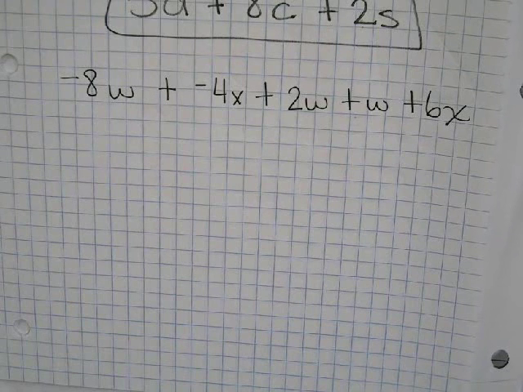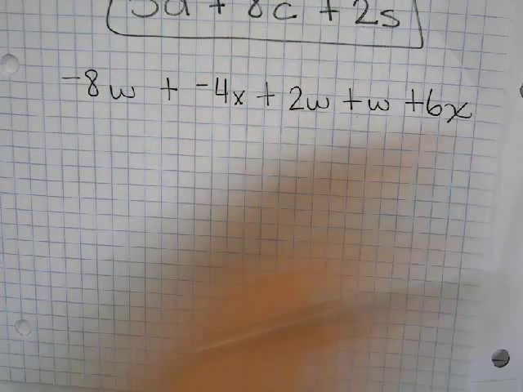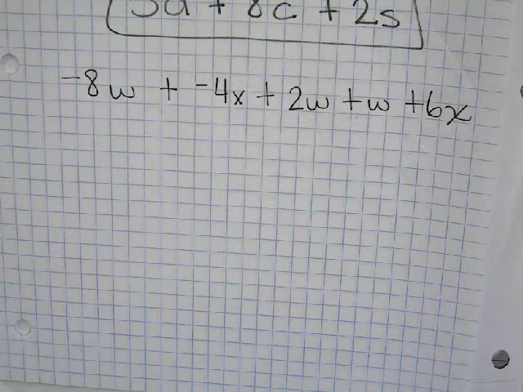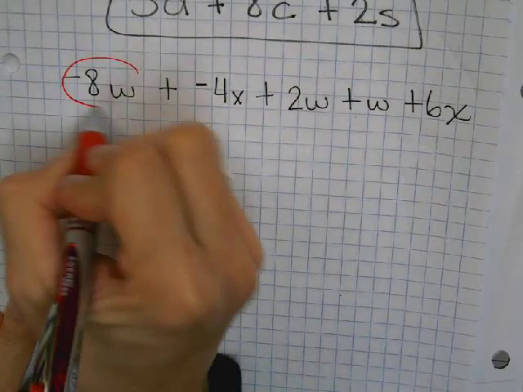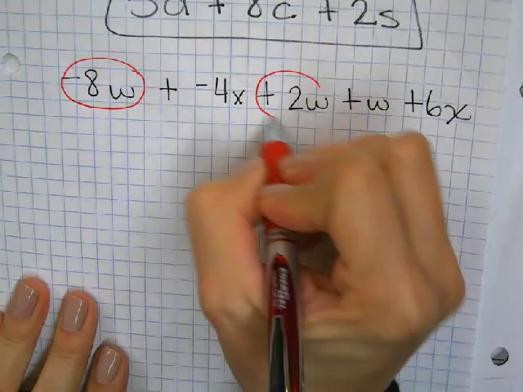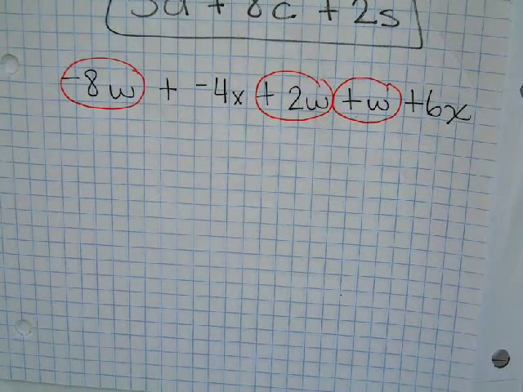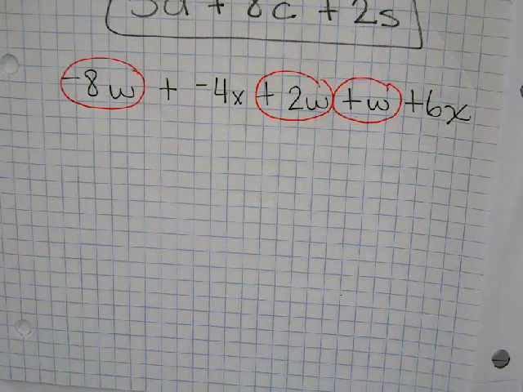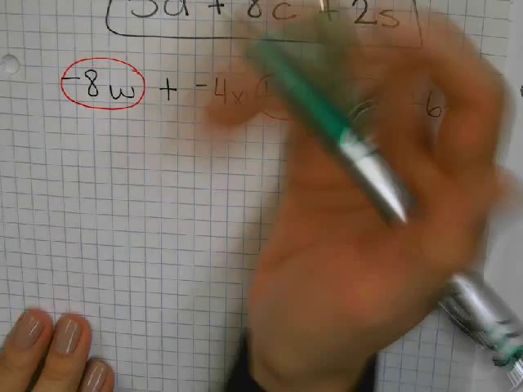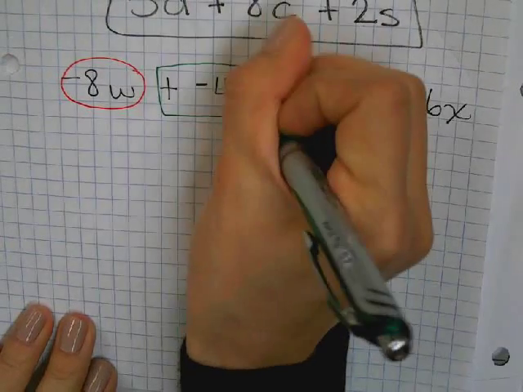It looks scary, but I'm telling you that if you do CST, circle, square, triangle, right now, circle the first one. That's a W, so circle all your W's. So you should have circled that. Then I'm going to square the X's.